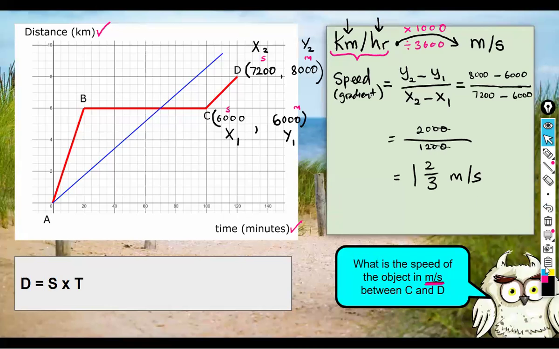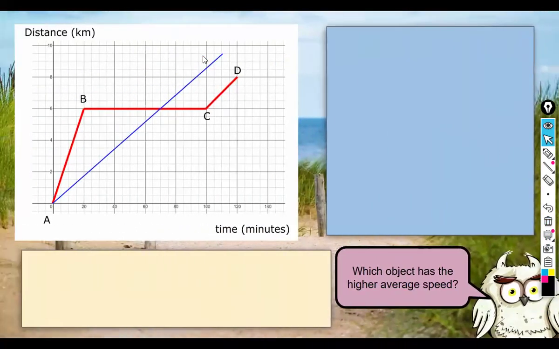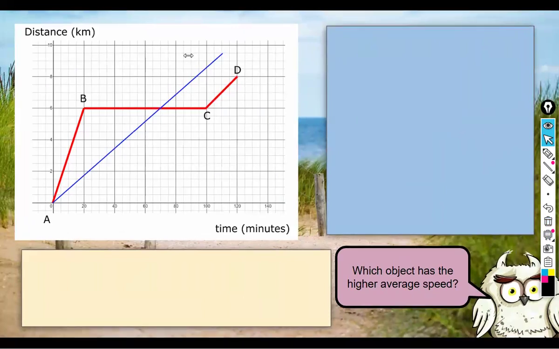All right. Let's see what's next. Which object has the higher average speed? Keywords, average speed. Now, I know for the blue graph you might not be able to see the X value, but keep in mind it falls directly in between 100 and 120.